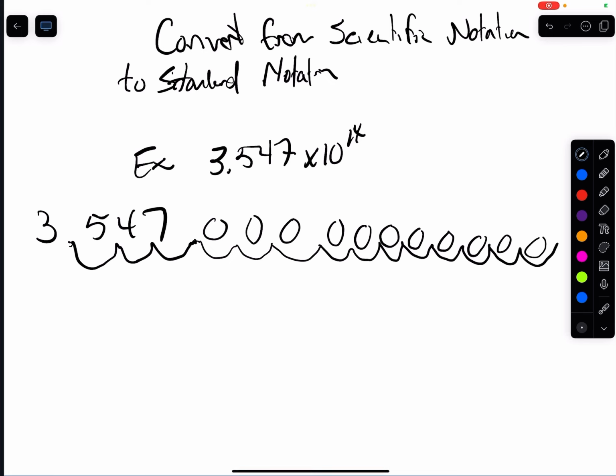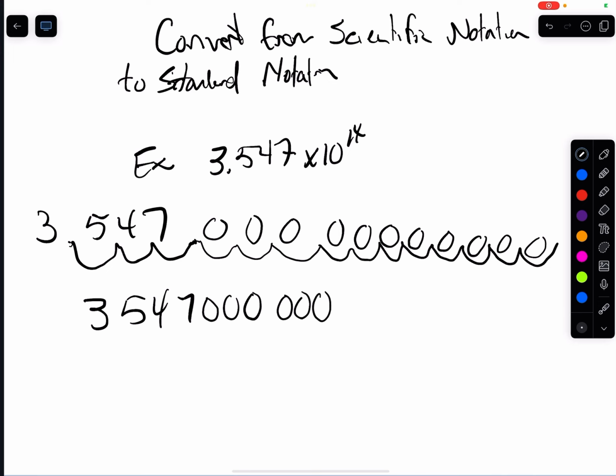So our resulting number is 3, 5, 4, 7, 0, 0, 0, 0, 0, 0, 0, 0, 0, 0, 0. So we should have 1, 2, 3, 4, 5, 6, 7, 8, 9, 10, 11, 12, 13, 14 decimal places that we moved over. And that's our answer.